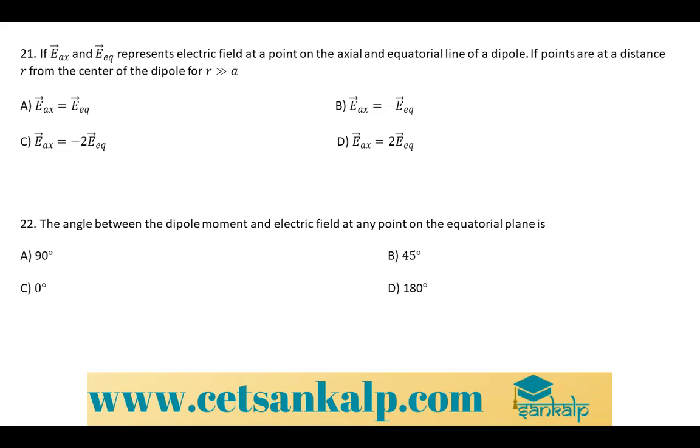If E axial and E equatorial represent the electric field at a point on the axial and equatorial line of a dipole, if the points are at a distance r from the center of the dipole, for r much greater than a.